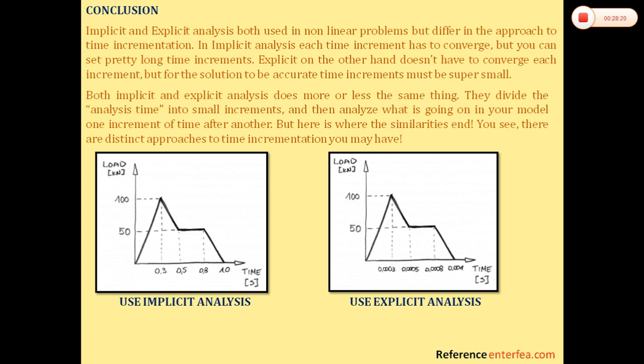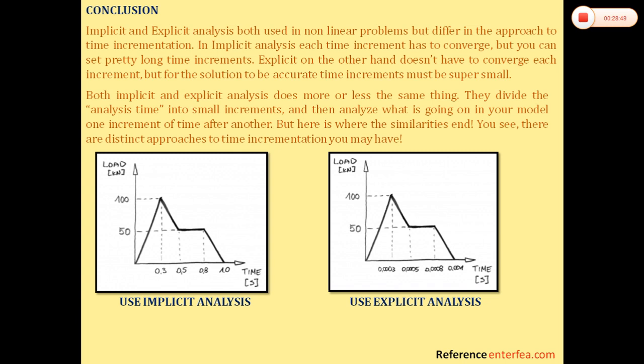So in this way you can see the time difference between the time increments. Here the 100 Newton load comes after 0.3 second. See, guys, what is the basic difference? Here the 100 Newton load comes after 0.3 second, and here the 100 kilonewton load comes after 0.003 seconds.